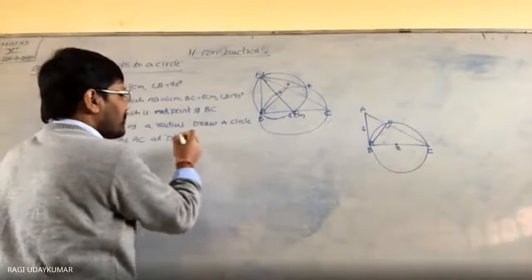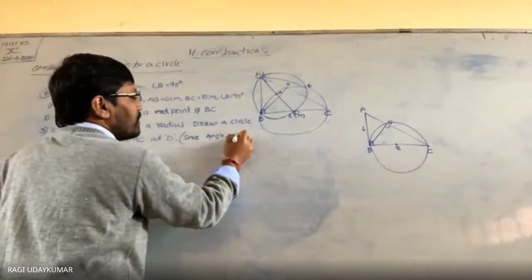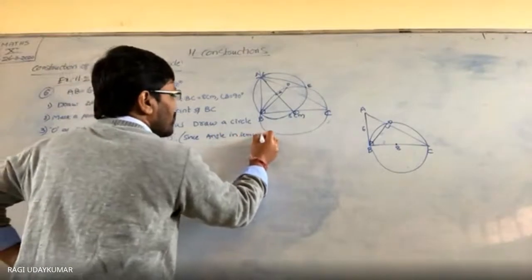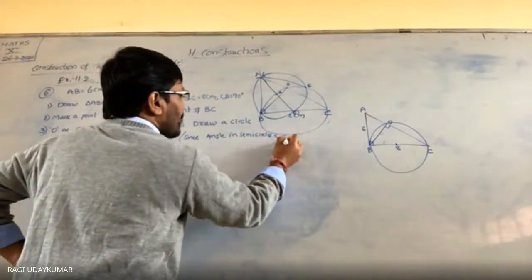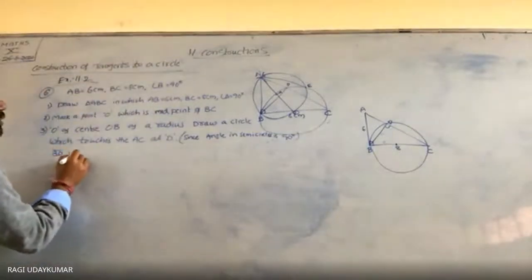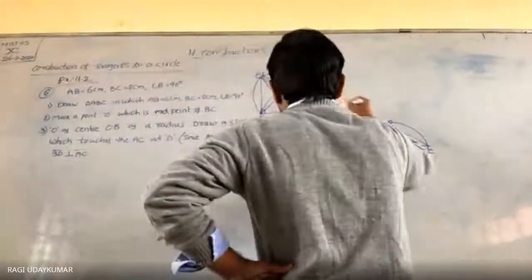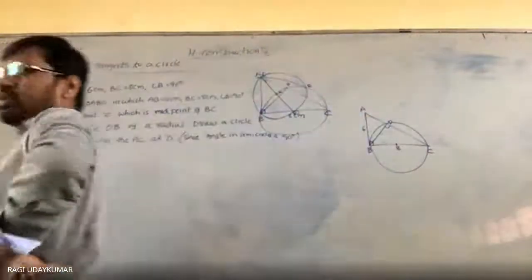We are taking that since angle in a semicircle is 90 degrees, you can say that BD is perpendicular to AC. Actually BD is perpendicular to DC. DC is nothing but AC. We need that, right?